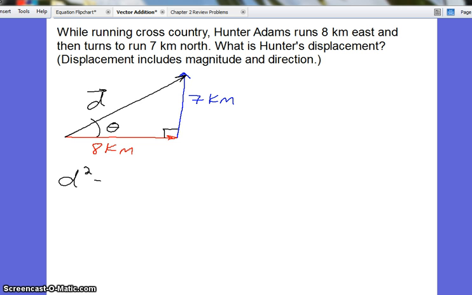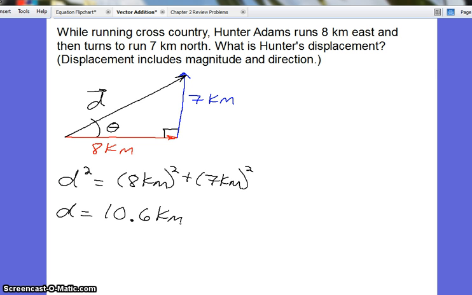D squared is equal to 8 kilometers squared plus 7 kilometers squared. And so we solve here and we get that d is equal to 10.6 kilometers. Now, being the hypotenuse, it should be the largest of all the sides. We also need that angle.